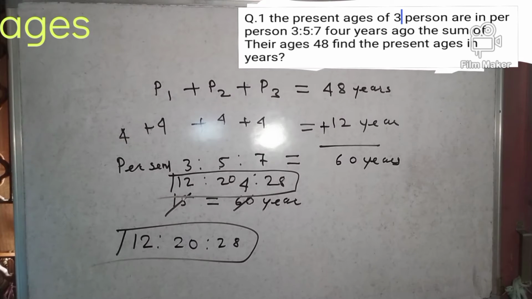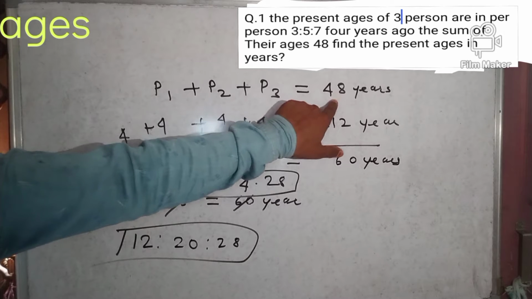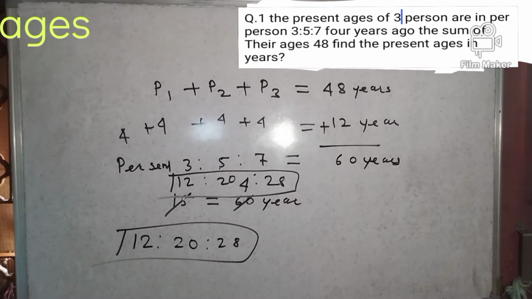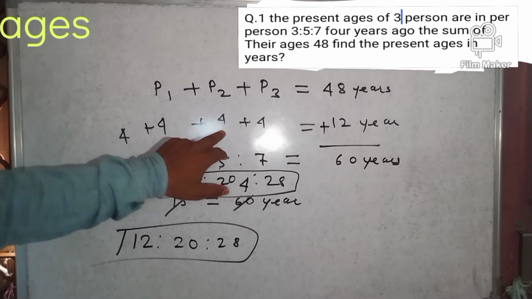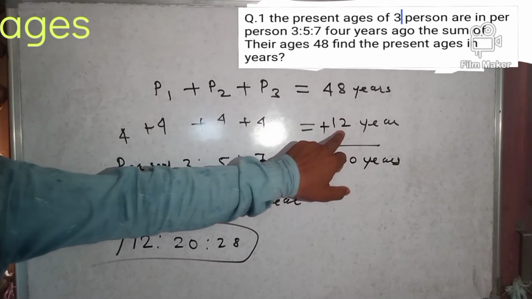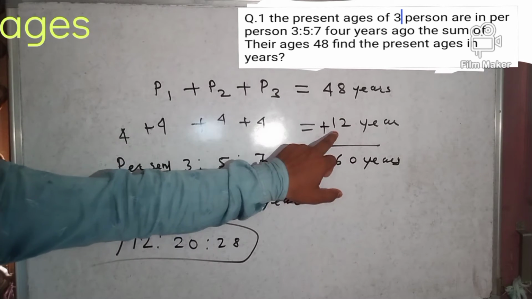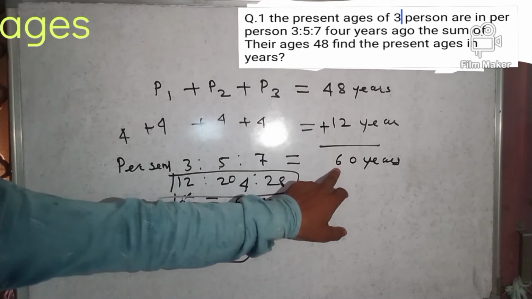See once again, person 1, person 2, person 3 is equal to 48, 4 years ago. The question is asking for the present age. So we have to add 4 years per person, which is 12 years in total. 48 plus 12 is equal to 60 years. So the present age sum is 60 years.